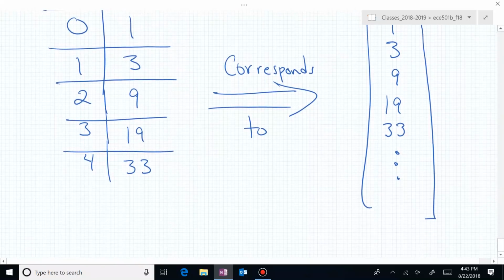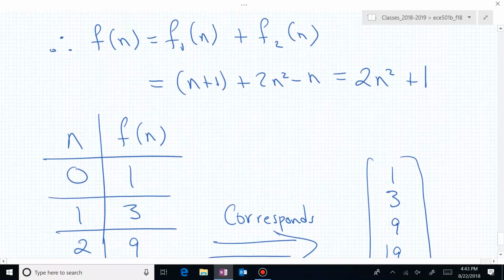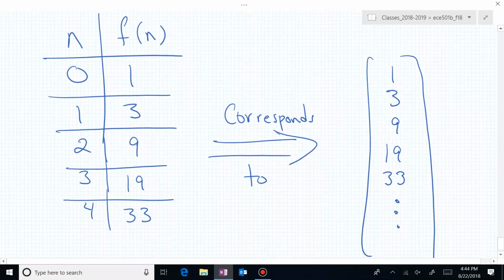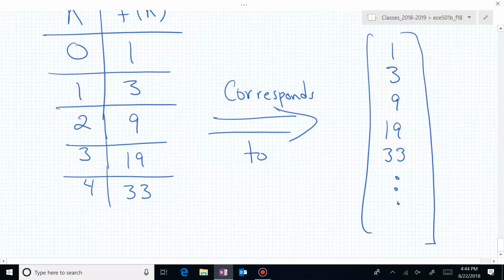So you could say, oh, now I have an infinite dimensional vector space. Vector space example number 12. And you could think of it as f of n is 2n squared plus 1, or you could produce that vector and say, oh, it's this as well. Instead of the functional form, it's this infinite vector.